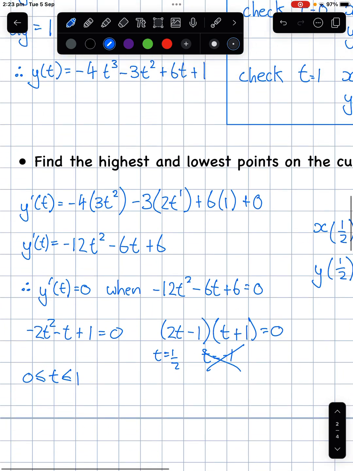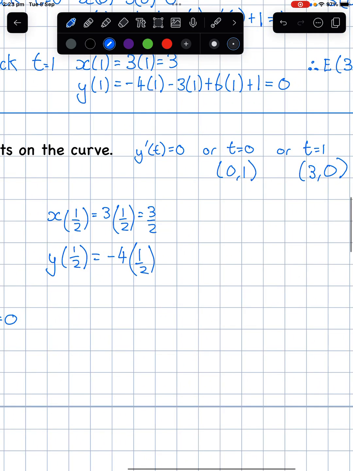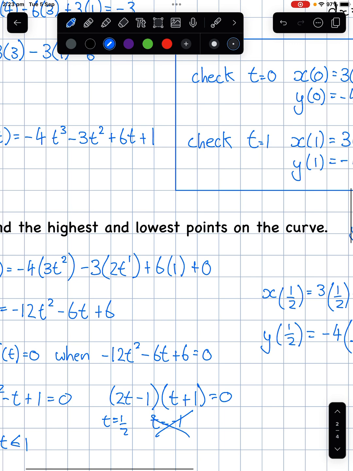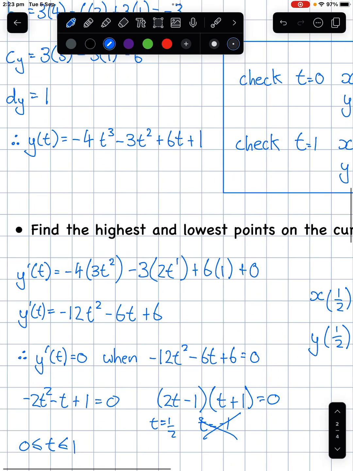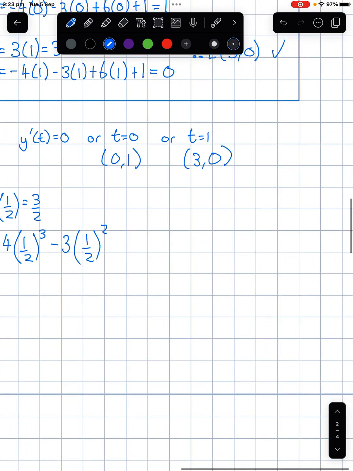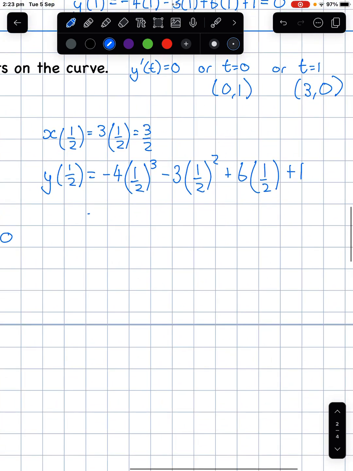This is going to be equal to -4 times 1/2 cubed, minus 3 times 1/2 squared, plus 6 times 1/2, and then plus 1. And so this is going to equal negative 4 over 2 to the power of 3 is 8, and then we're going to get minus 3 on 4.